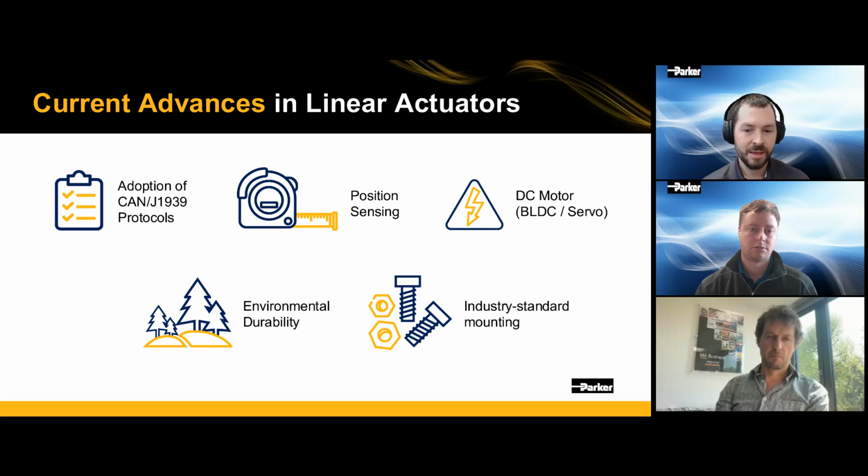And recently, position sensing has become widely adopted on the EMA space, and it's becoming more and more prevalent in the EHA space. Also, technologies on the motor side are making it a better option for the mobile space.